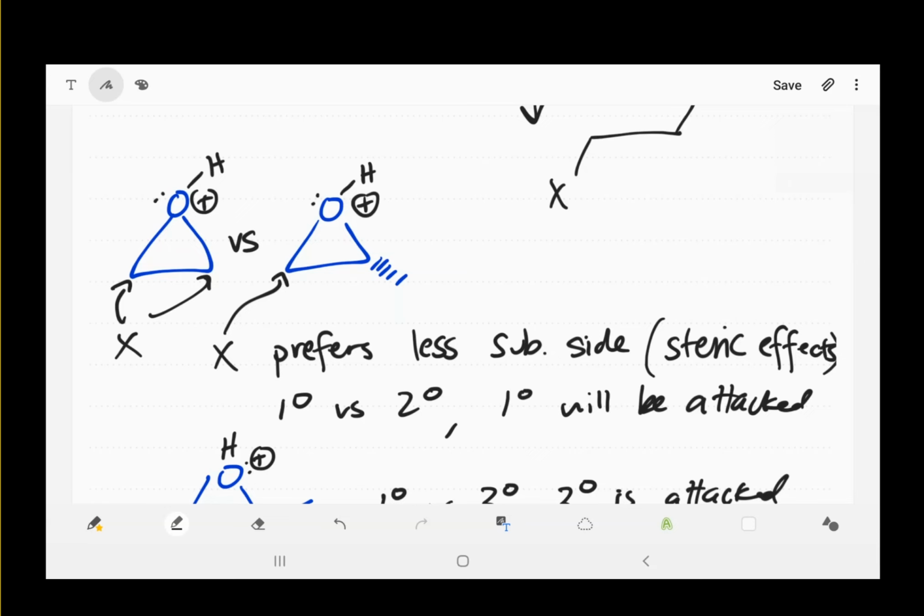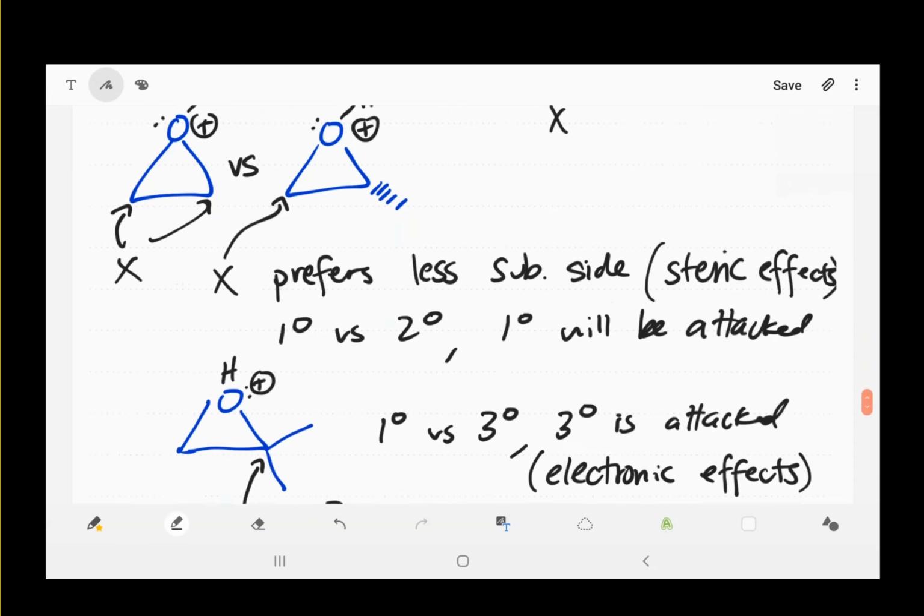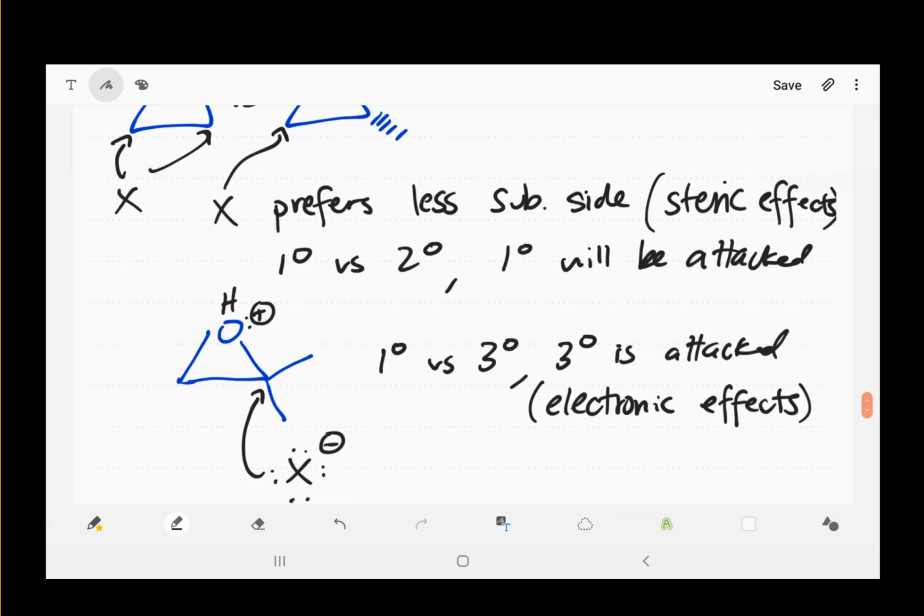If you have a primary spot versus a secondary spot, you're going to put your nucleophile on the primary spot, because the secondary spot is sterically more hindered. However, if you have a primary versus a tertiary spot, the tertiary one is going to take it because electronically it can hold a much greater positive charge than the primary carbon.